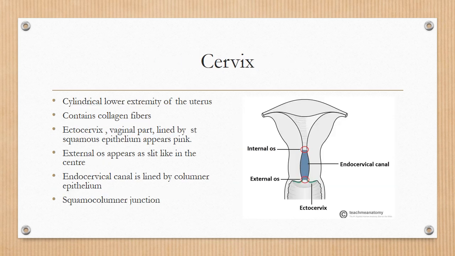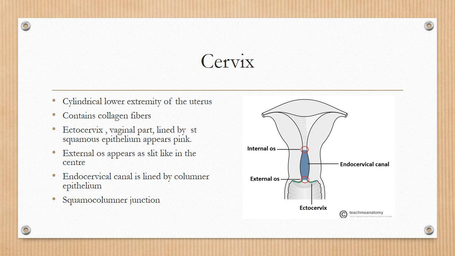Cervix, it's a cylindrical lower extremity of the uterus. It contains collagen fibers. It has two parts, ectocervix and endocervix. Ectocervix, the vaginal part, is lined by non-keratinized stratified squamous epithelium and it appears pink.